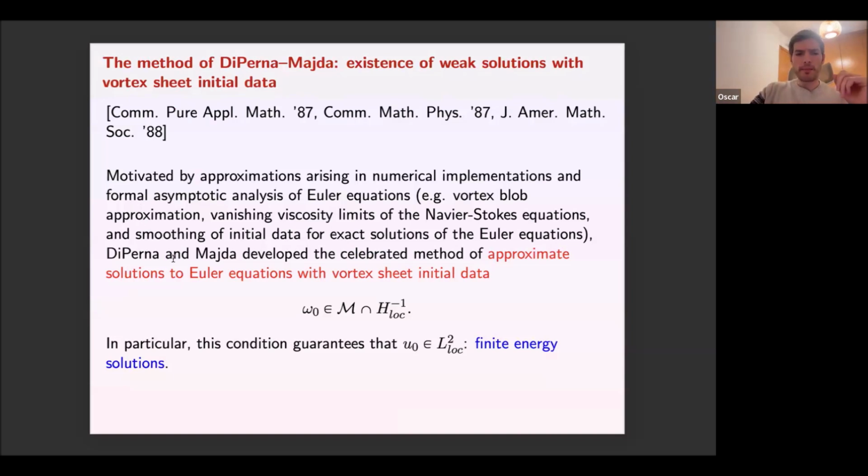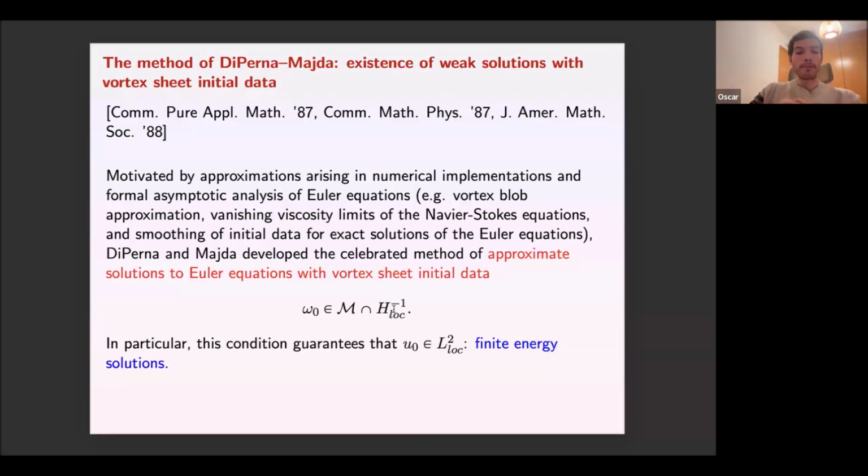In particular, DiPerna and Majda were mainly interested in the so-called vortex sheet problem. This means that the initial data is a prescribed measure. In addition, they assume that the measure belongs to H^-1, at least locally. H^-1 denotes the dual of the Sobolev space H^1.